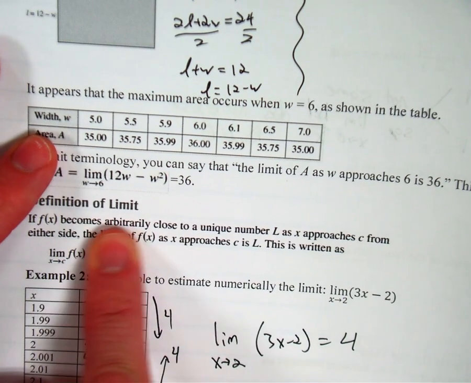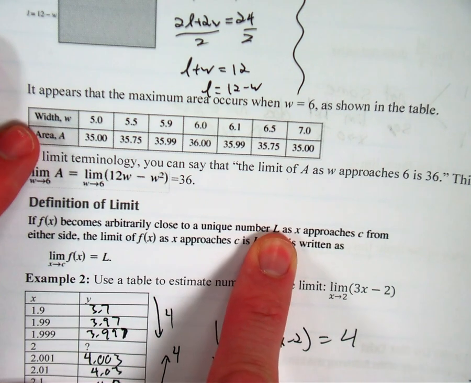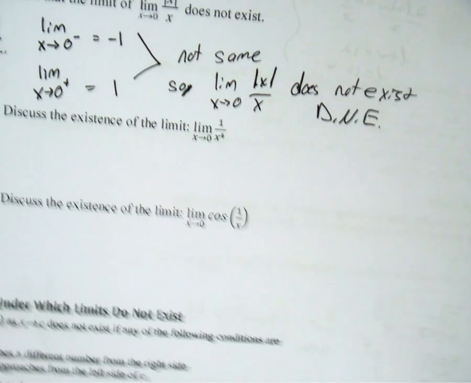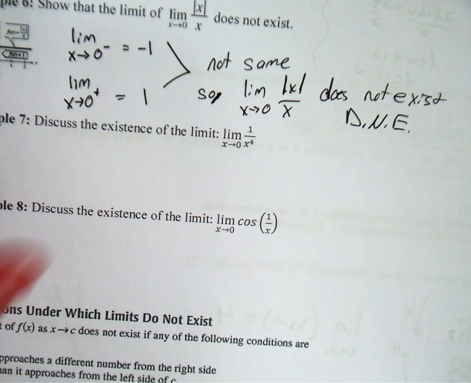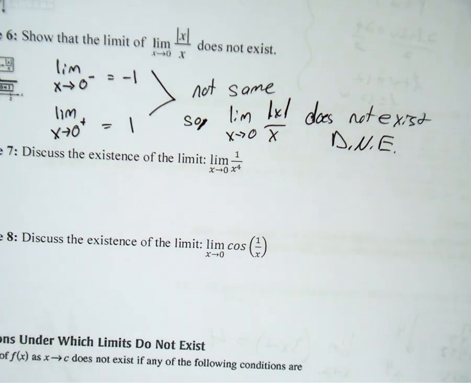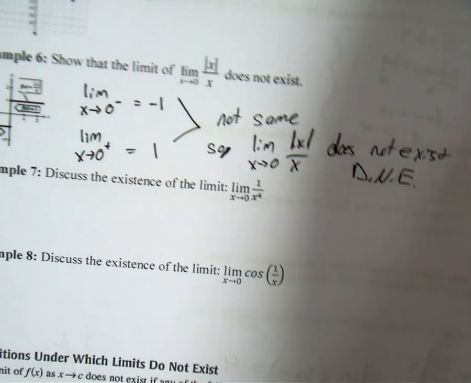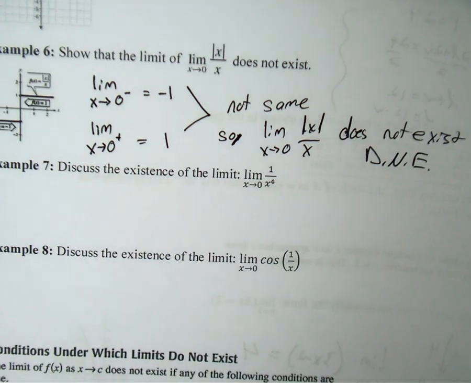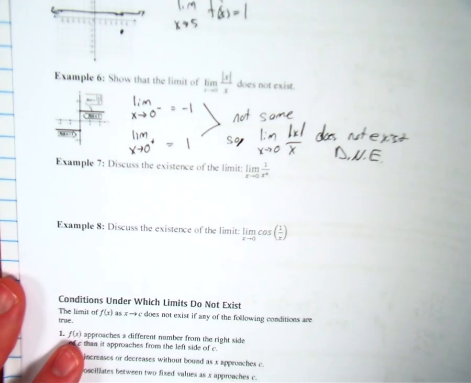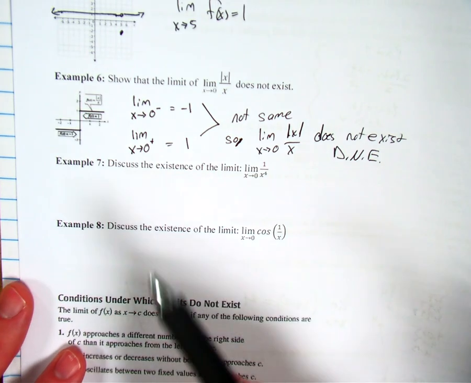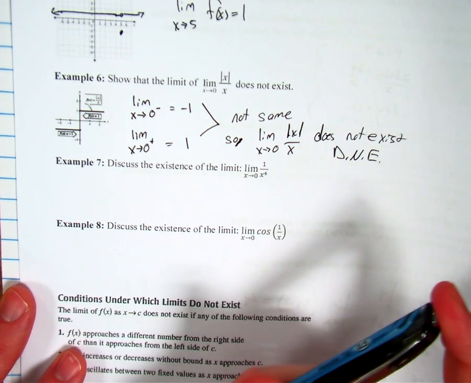If it becomes close to a unique number, L, okay, infinity is kind of an idea or a concept. It's not a number. It's not like 1, 2, 3, 4, 5. You can keep counting forever, but the idea of forever is infinity. So it's not a unique number.